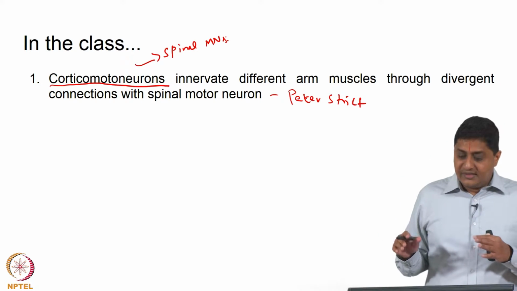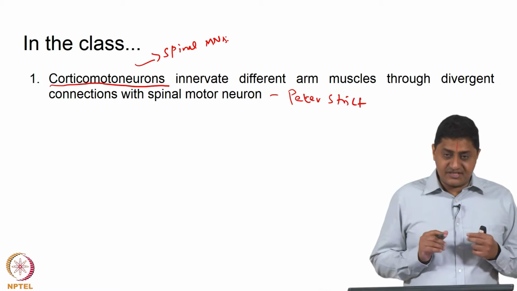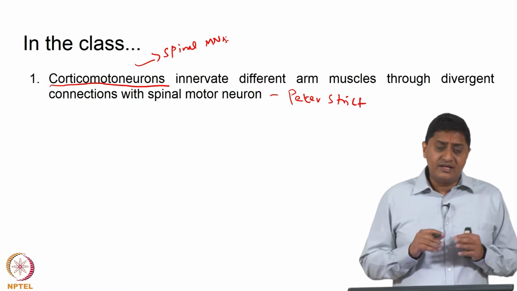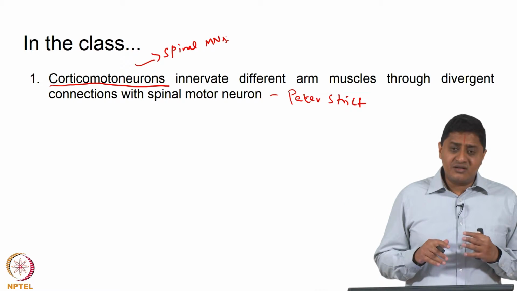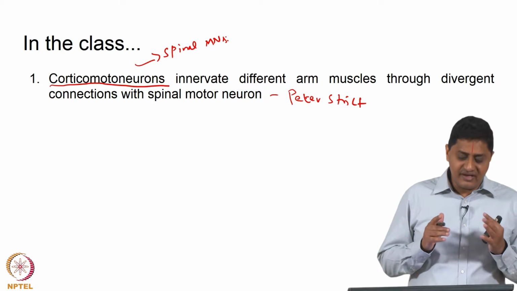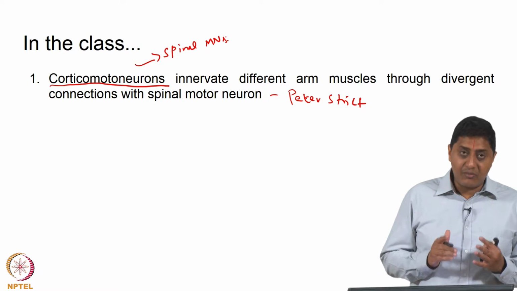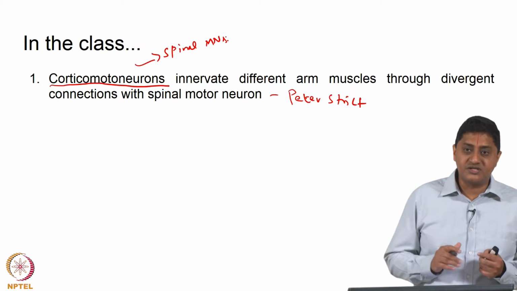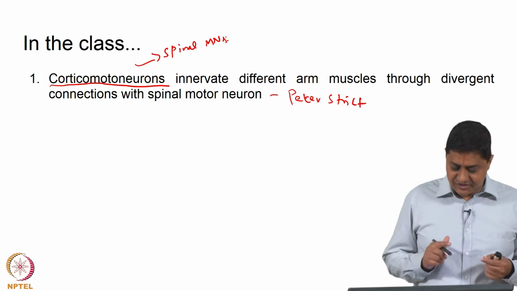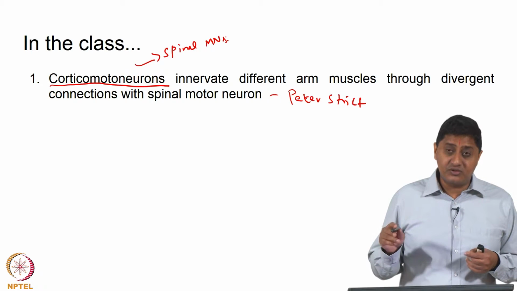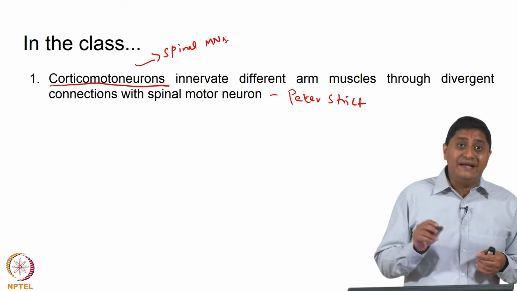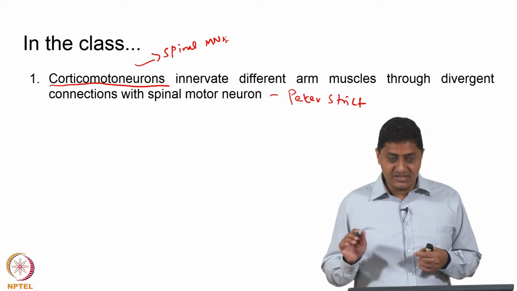Now, if you look at the evolution of these from mammals to primates to humans, in mammals these are present in less quantity. There are very few corticomotor neurons in lower mammals such as rats, mice, etc. That means spinal motor neurons are receiving inputs from the cortex through interneurons in the lower animals.